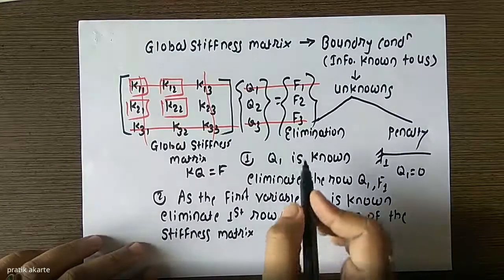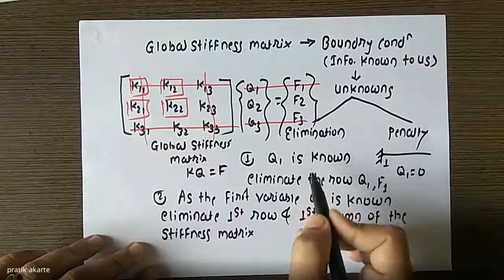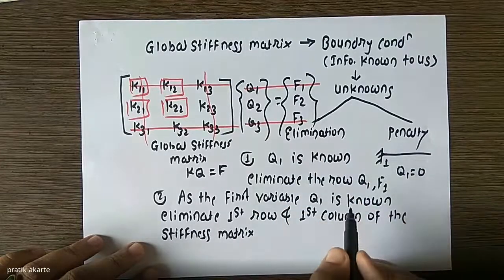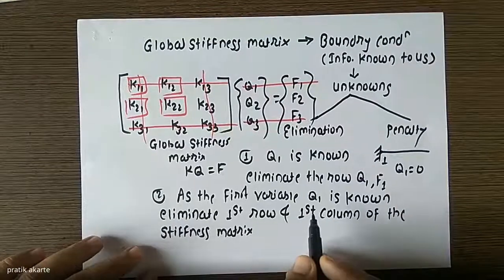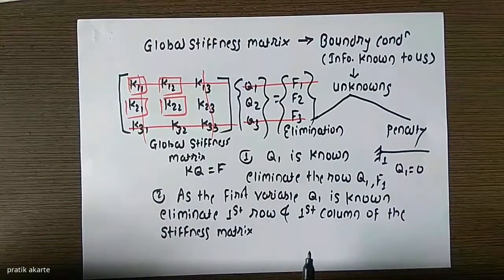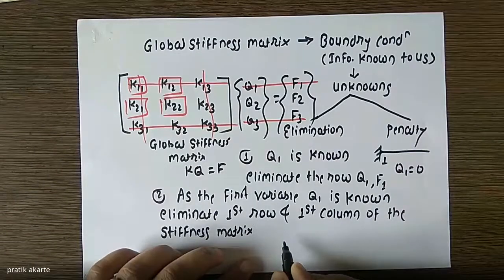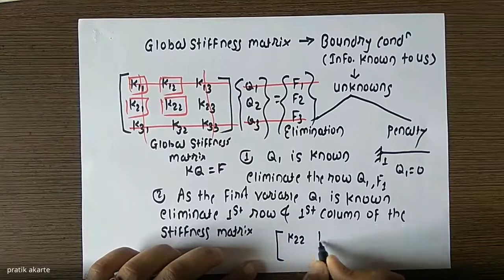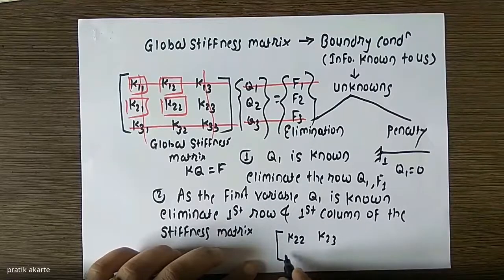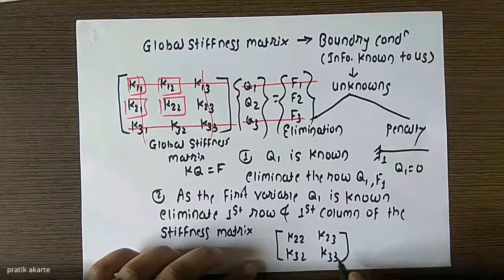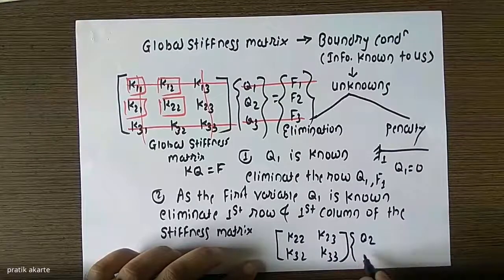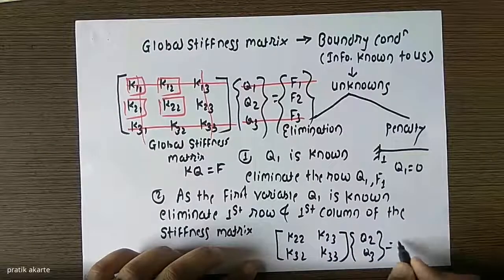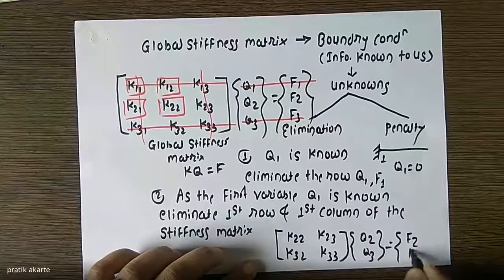Now, if we go back to our previous condition, Q1 is known, and we are eliminating Q1 and F1, and the first row and first column of the global stiffness matrix. Then we can rewrite the equation as K22, K23, K32, and K33, multiplied by Q2, Q3, equal to F2 and F3.